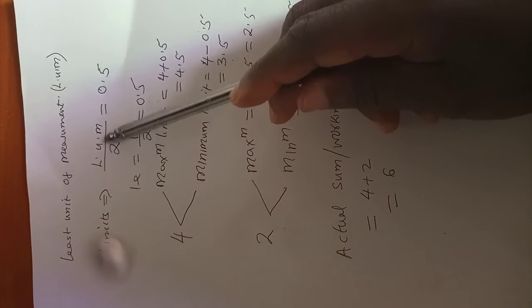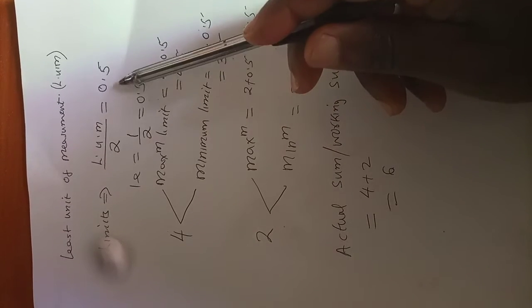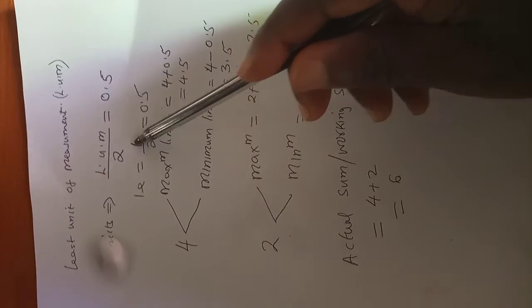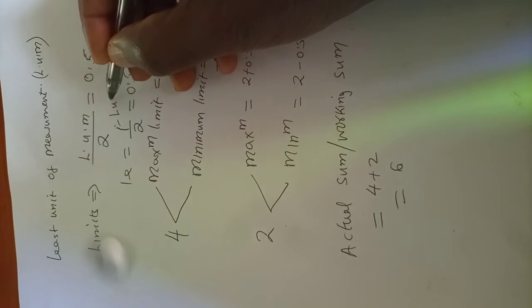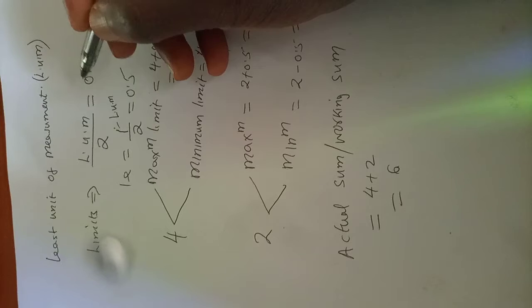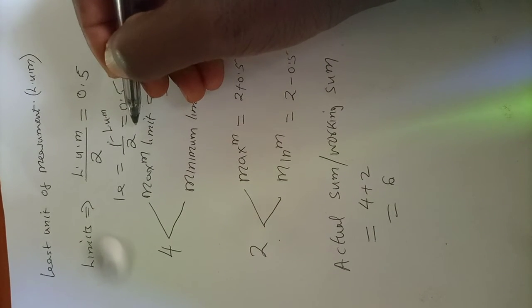So our least unit of measurement was 1. So 1 divided by 2, we get 0.5. Why are we dividing by 2?